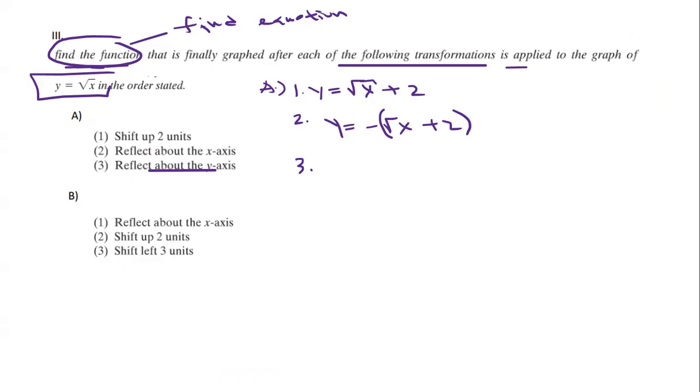So we'll have y is equal to negative, and then we'll replace the x just by negative x, because that's dealing with reflecting about the y-axis. Then plus 2. This is the transformations that they want, and your final answer should be this one right here.